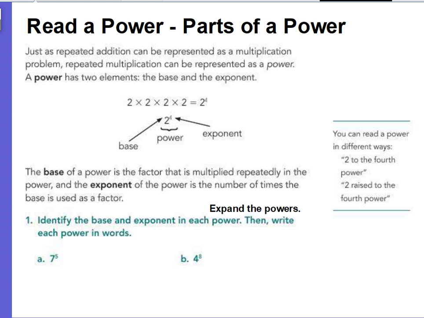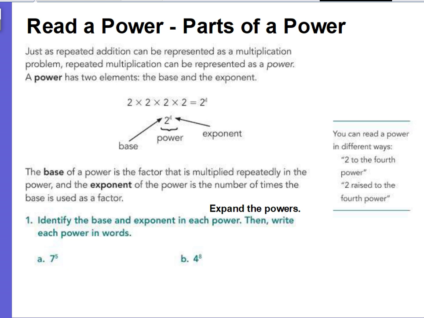So how do you read a power? We touched on this a little bit already, but just as repeated addition can be represented as a multiplication problem, repeated multiplication can be represented as a power. A power has 2 elements, the base and the exponent.